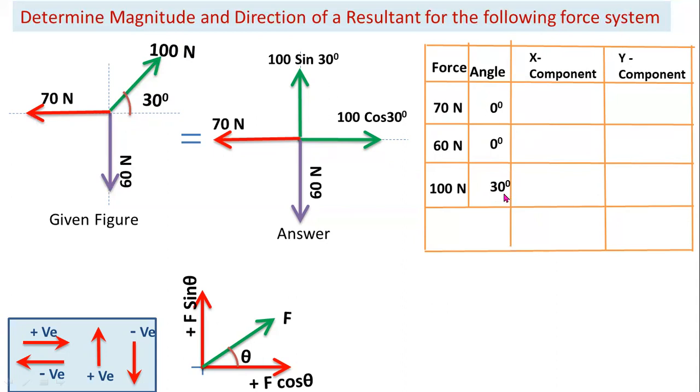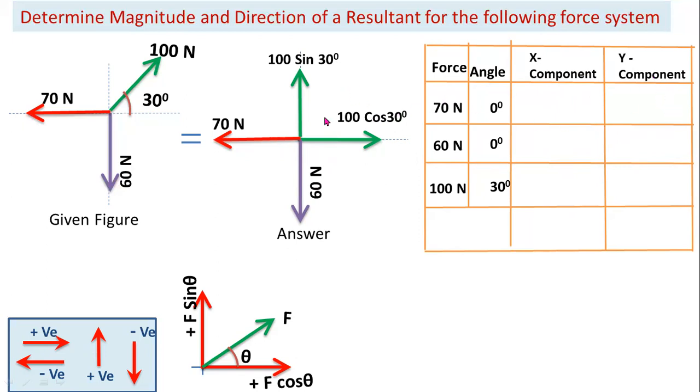Okay, now you can observe from this figure, we have to identify the horizontal forces for x component. 17 newton force lies on x-axis, that means x component. This is a x component. Okay, x component always lies on x-axis. Y component always lies on y-axis.